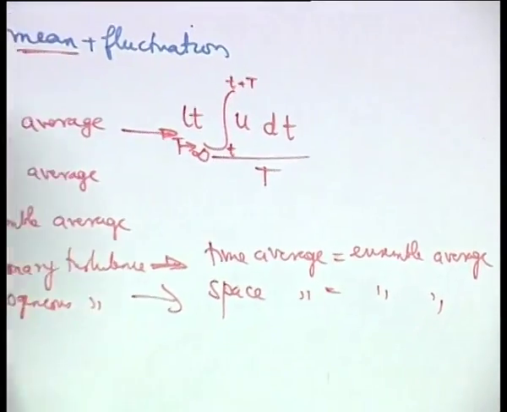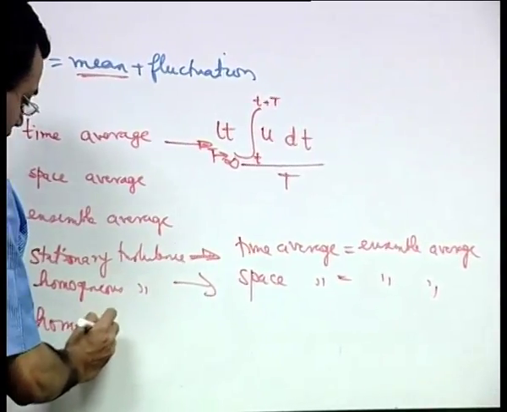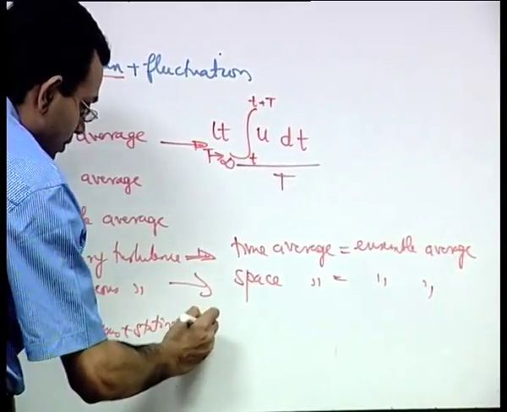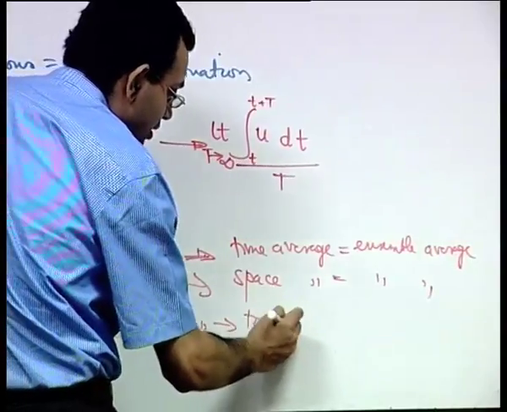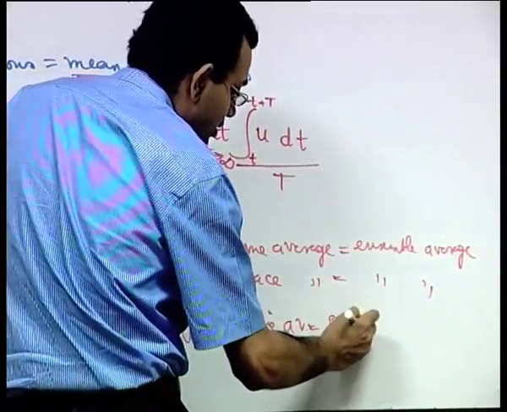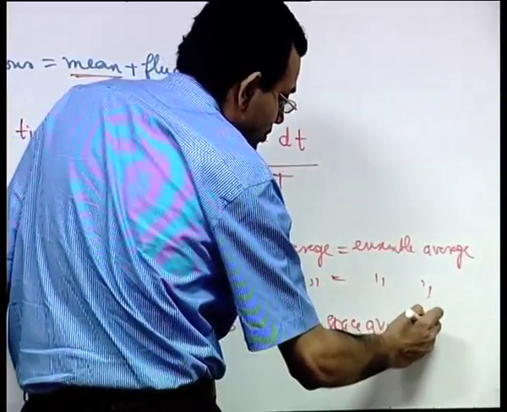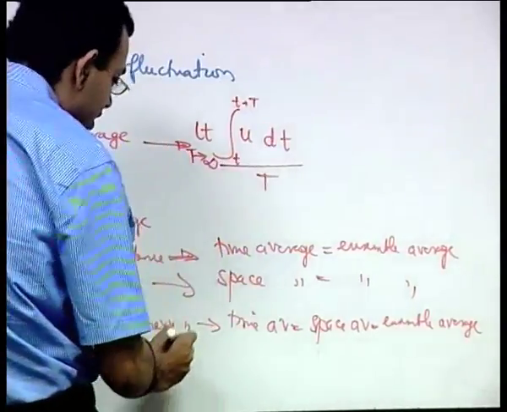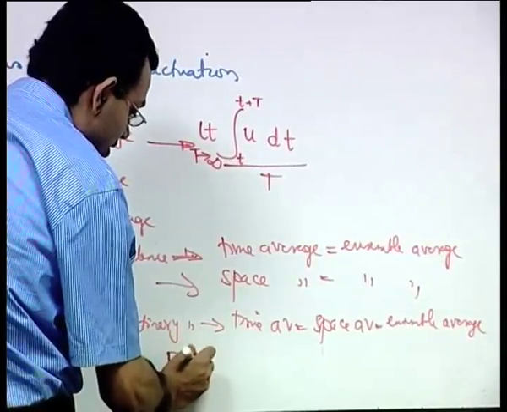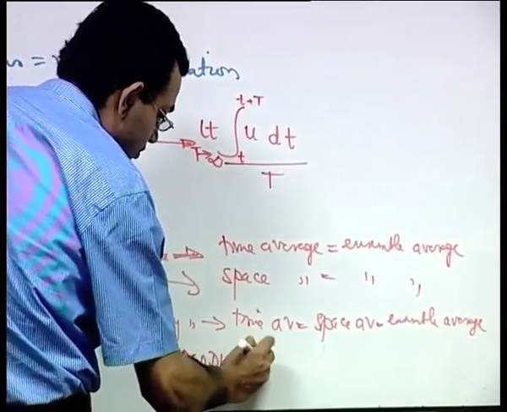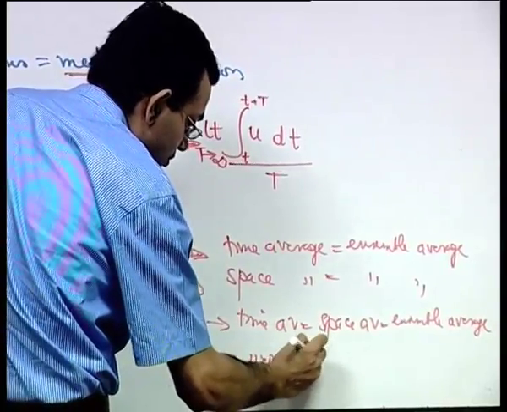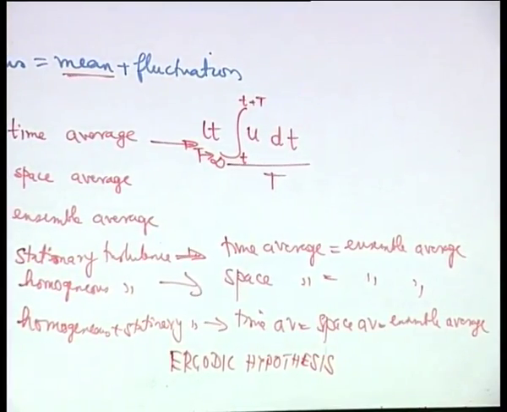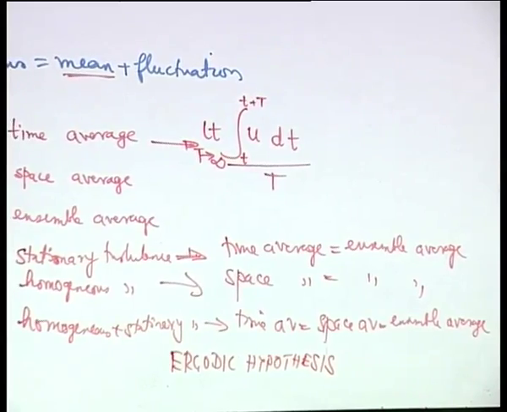So for homogeneous plus stationary turbulence, you have time average equal to space average equal to ensemble average, and this in statistical analysis is known as the ergodic hypothesis. So from henceforth we will assume that the ergodic hypothesis is valid.